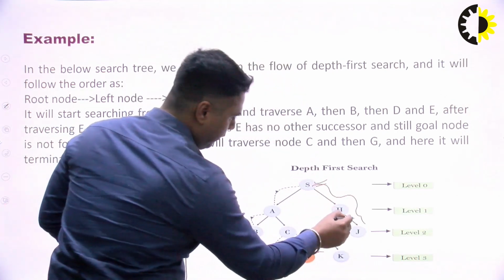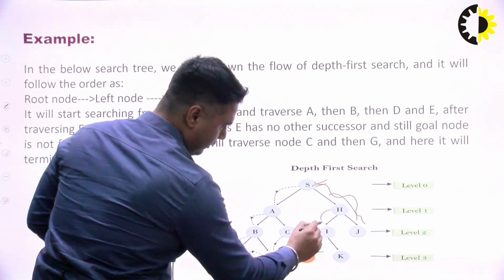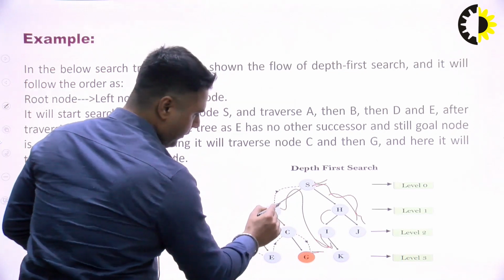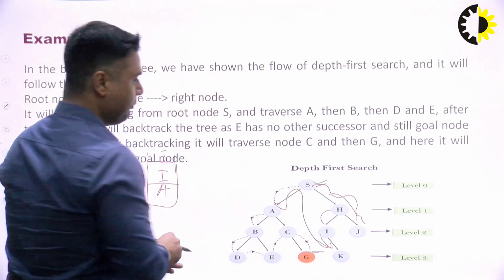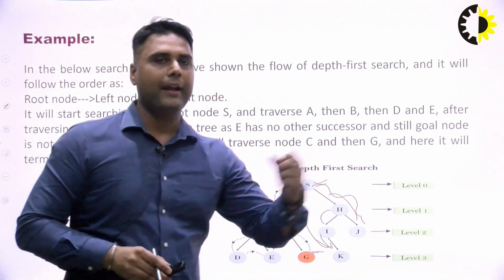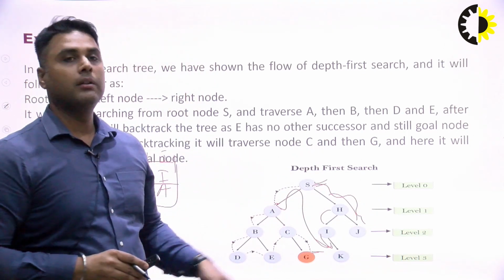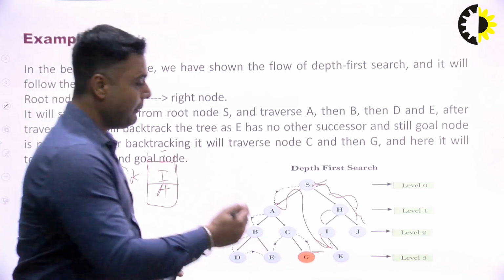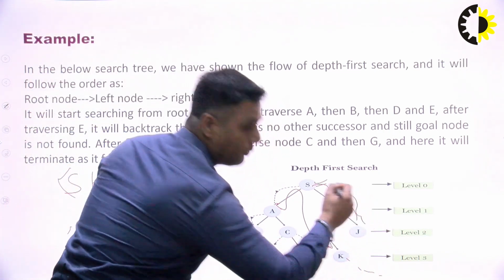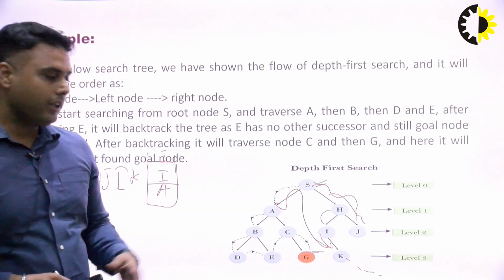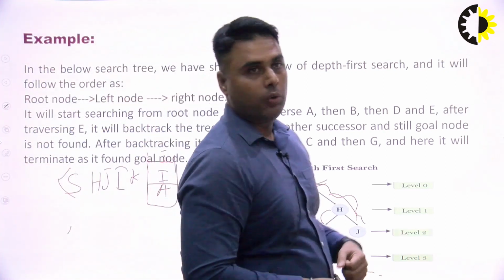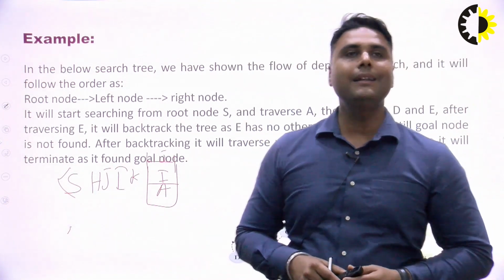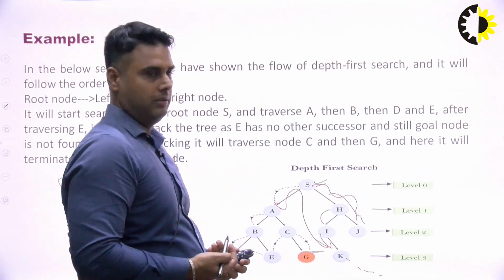Then I have to backtrack, move here, then move here. Again backtrack and move in this direction. That means my searching goes in a different direction, so finding my goal node is delayed. If the number of nodes is maximum, suppose infinite, then the search for the goal node may be delayed. That is an incomplete searching technique.